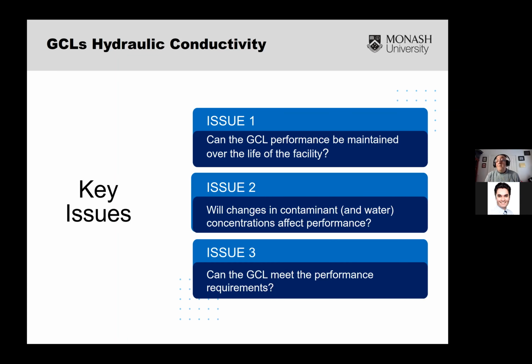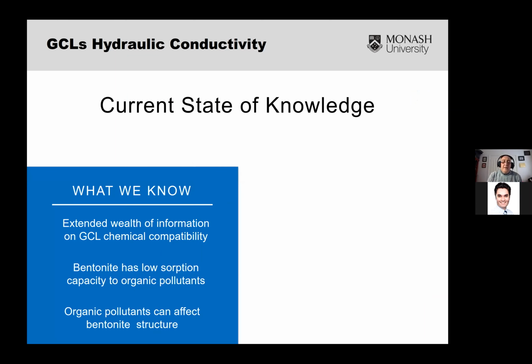Can the GCL meet the performance requirement set up by, for example, the local EPA or regulatory body or other institutions? So what do we know so far? What we know is that we have a pretty wide body of knowledge on GCL compatibility with many contaminants.